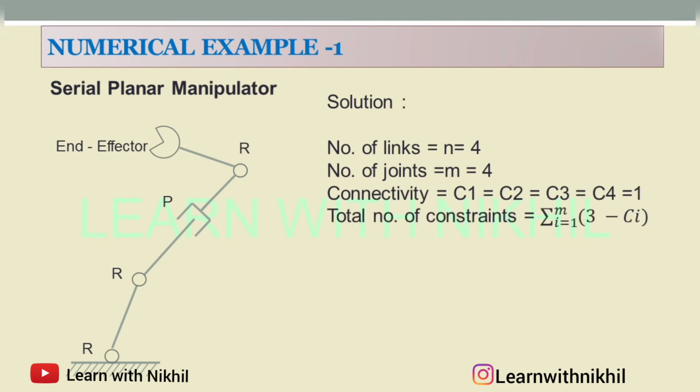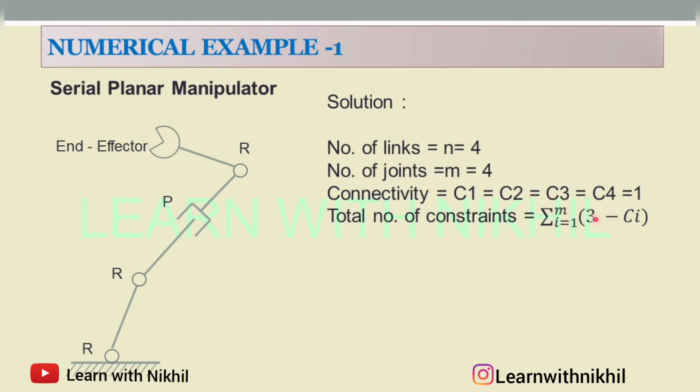Now next we'll find the total number of constraints using this connectivity. As per the formula, the summation of i equal to 1 to m of (3 minus Ci). If I substitute C1, C2, C3 and C4, for all these 4 it is 1. So 3 minus 1 is 2.